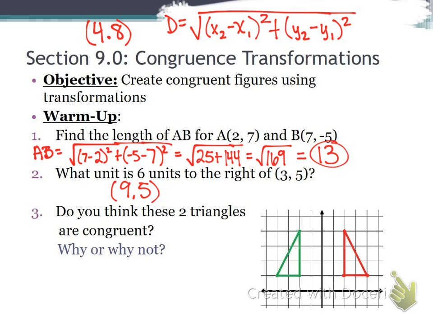So remember, your x coordinate moves you left and right. Your y coordinate moves you up and down. Questions about number 2, Ataya? So if it's 3 units up, you would change the y coordinate? Yep, up and down we change the y coordinate. Left and right we change the x coordinate. Anything else on that one?